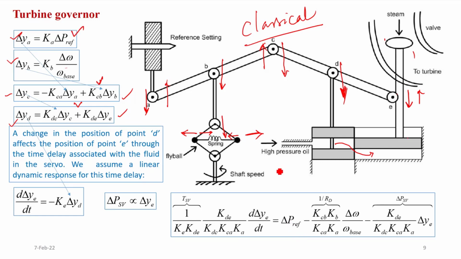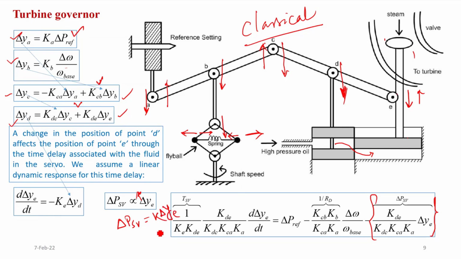This is delta P reference minus Kcb by Kca into Kb by Kca into K into delta omega by omega base, minus Kd by Kdc Kca K into delta Y. Now this whole term I can write as delta PSB, which is nothing but a constant term K into delta Ye, right?